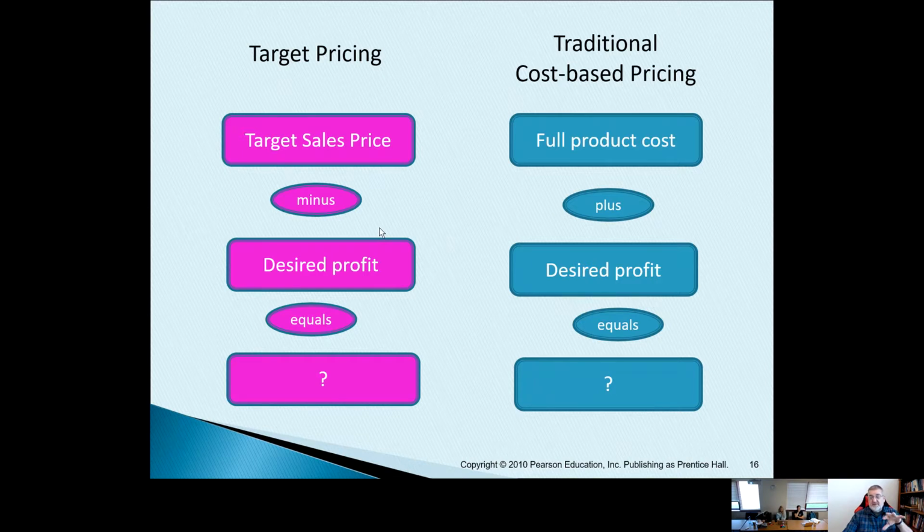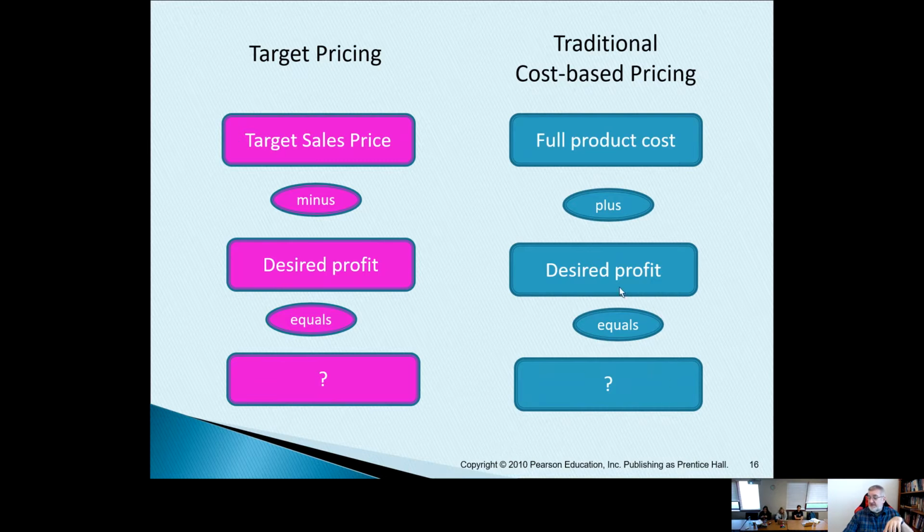Now, the other way to do it, target pricing, here's where it kind of gets, depending on the industry you're in, sometimes you don't have the opportunity to set the price because you have enough competitors out there that's setting the price. Let's say, for instance, you're running a gas station, okay?